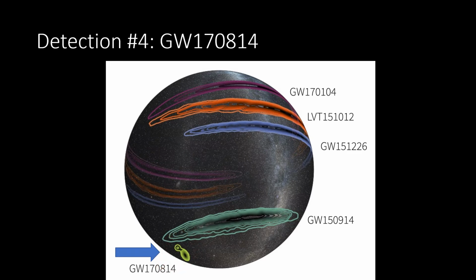You can see that when you only have 2 detectors, you have these huge paths on the sky, and you don't really know where the signal came from. But when you have 3 detectors, you can triangulate much better, and you can narrow it down.